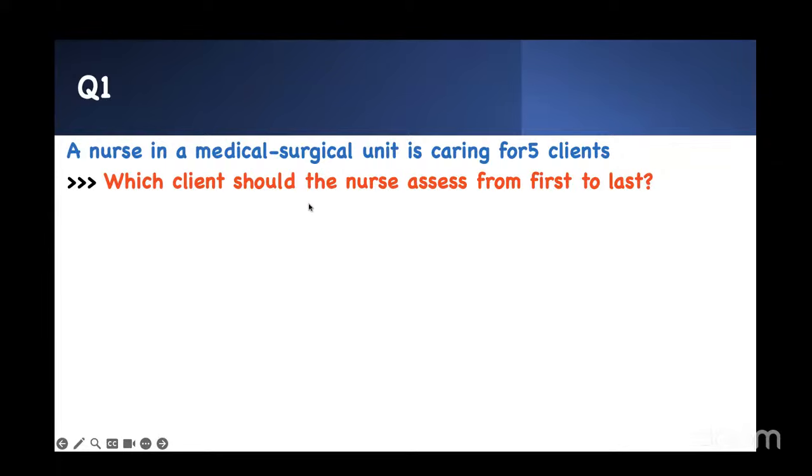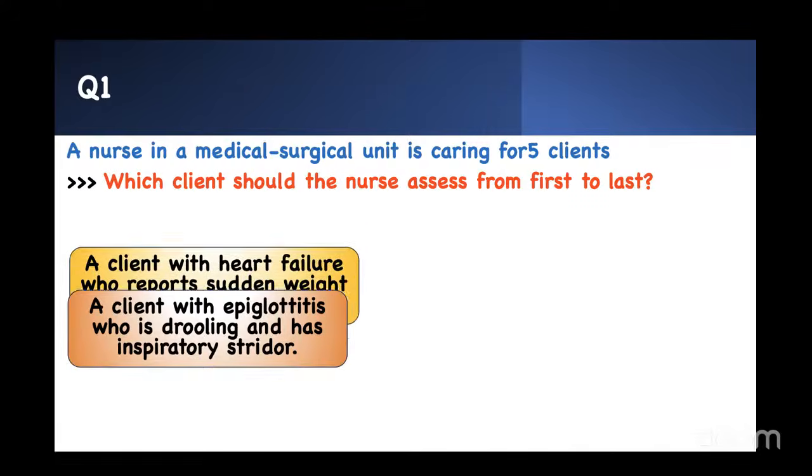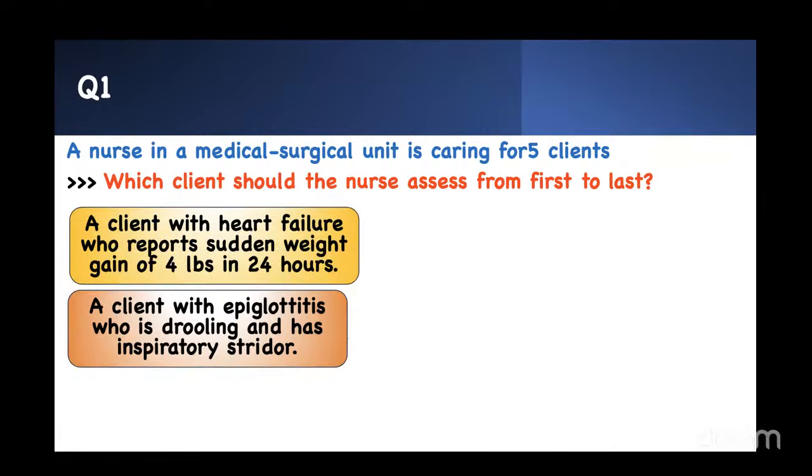What do you think? First patient, you have a client with epiglottitis who is drooling and has inspiratory stridor. Think about that patient. A client with heart failure who reports sudden weight gain of 4 pounds in 24 hours. What do you think about it?